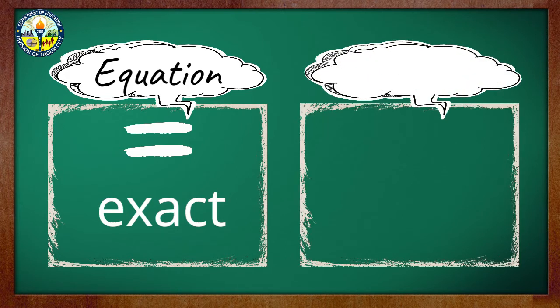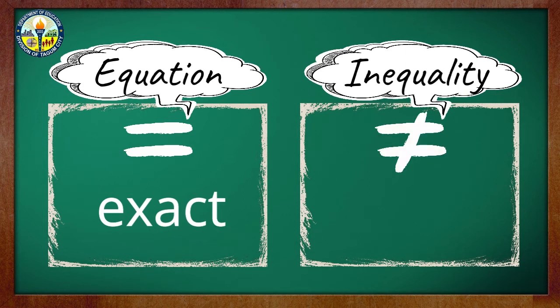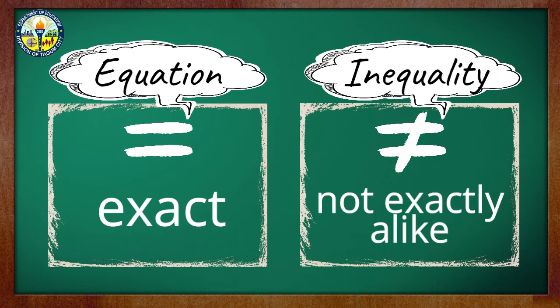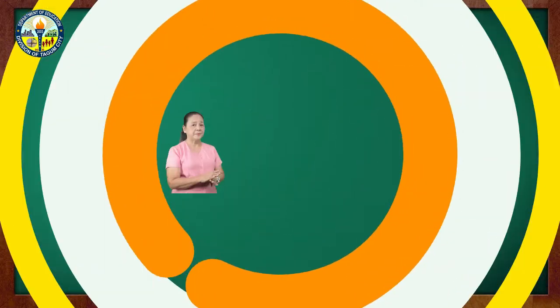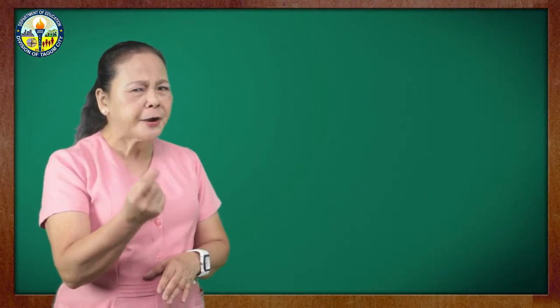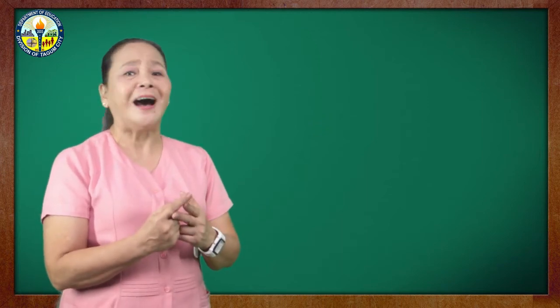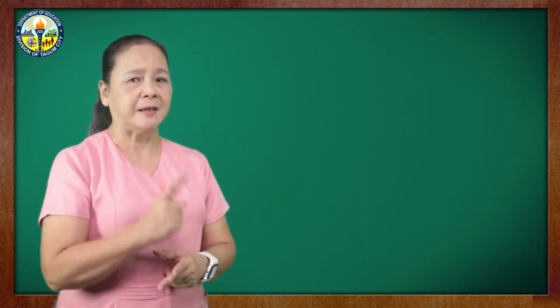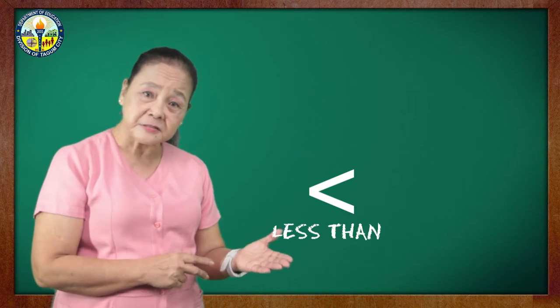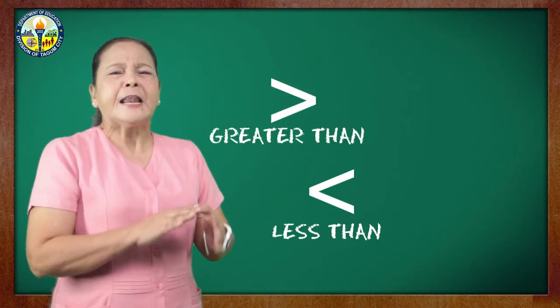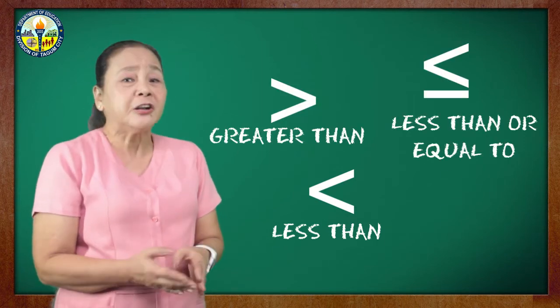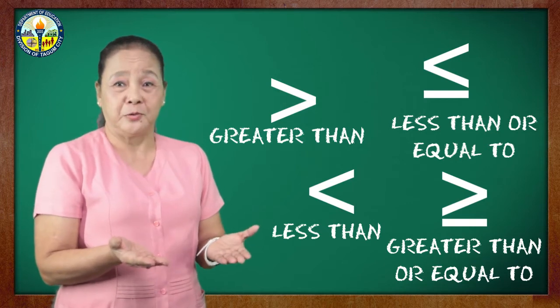While for an inequality, we could write the not equal to symbol to mean two things are not exactly alike. This gives us more specific symbols to describe definite unequal situations like less than, greater than, less than or equal to, and greater than or equal to.